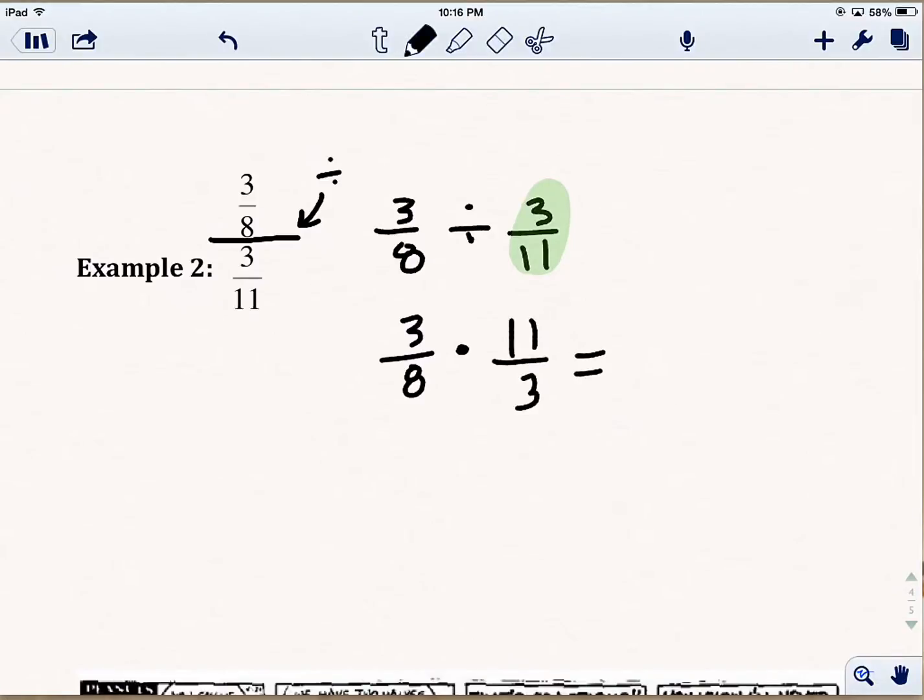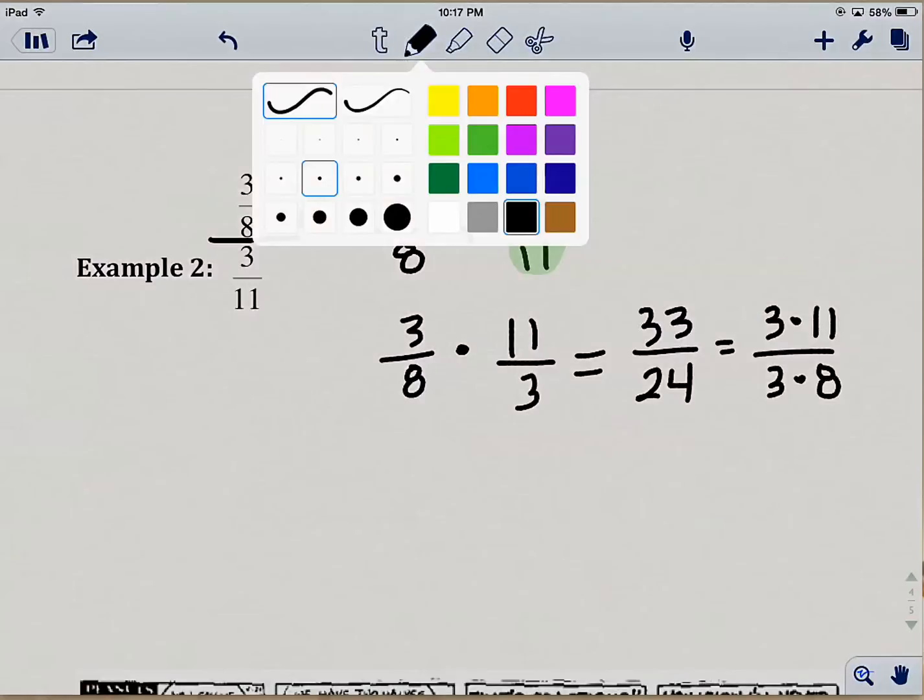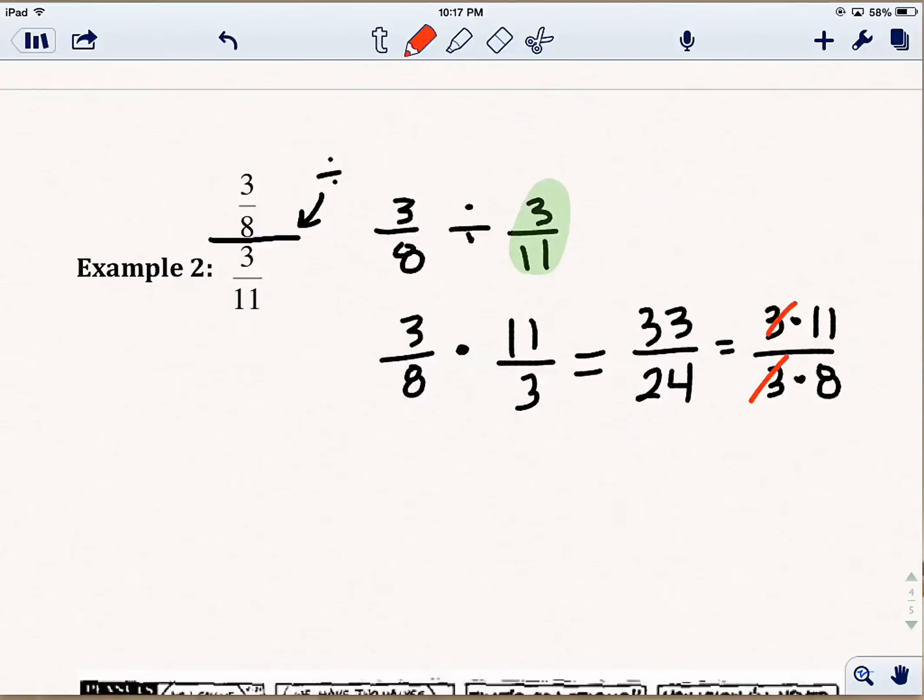And when I multiply these fractions, you may notice at this step that the 3's are common factors and divide out. So you get 11/8. If you didn't catch that, that's okay. You'll still get there even if you multiply first. 3 times 11 is 33. 8 times 3 is 24. Because when we break it down into those common factors, 3 times 11, 3 times 8, the 3's divide out, and we just end up with 11/8. So when you simplify complex fractions, just be sure to treat fraction bars as division.